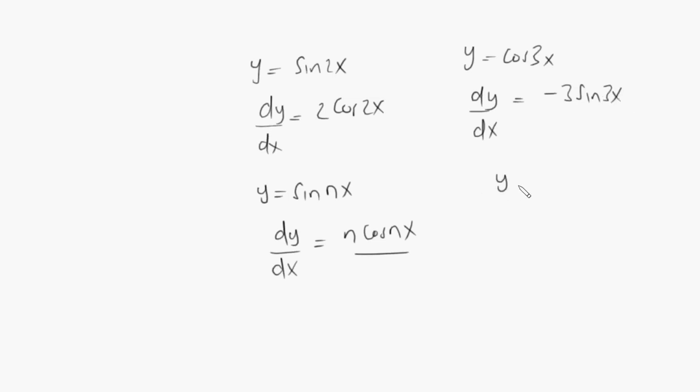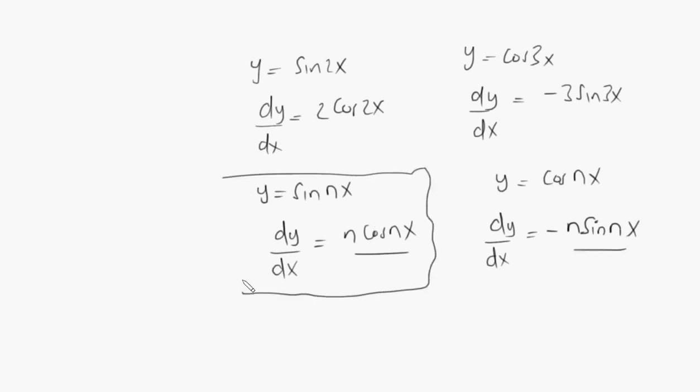And likewise for y equals cos nx, dy dx is just equal to negative n sin nx. So just take these two, take this one and this one.